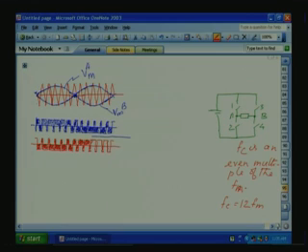If you see these two patterns, they are exactly the same with a 180-degree phase shift. This 180-degree phase shift happened because of the fundamental. So the fundamental is 180-degree phase shifted.